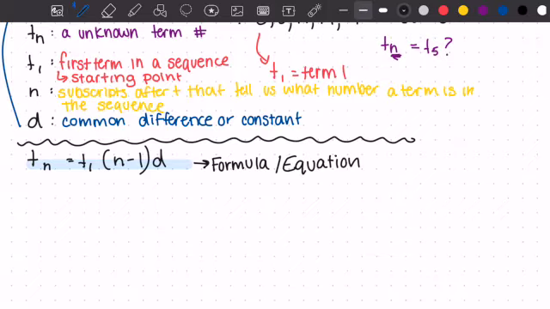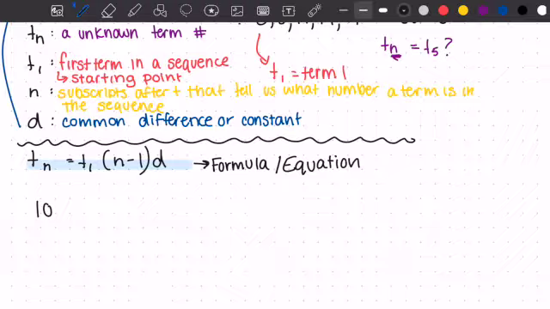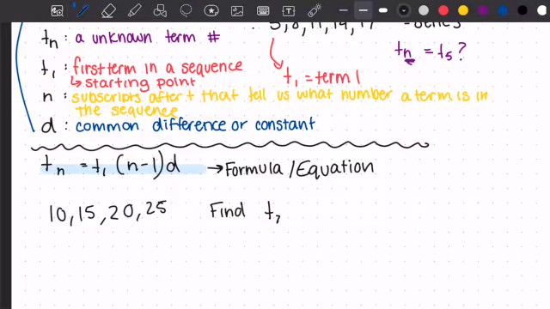If I'm given this sequence, 10, 15, 20, 25, find T7. I'm going to plug this into the formula: Tn equals T1 plus n minus 1 times d.